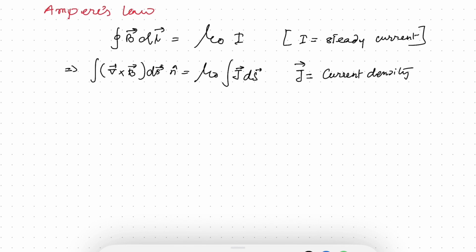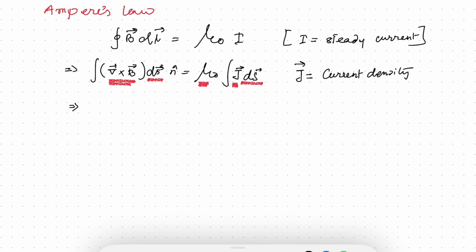Now you see, if you compare the right hand side and left hand side, this is ds, this is also ds. So we can write curl B is equal to mu naught J, right?